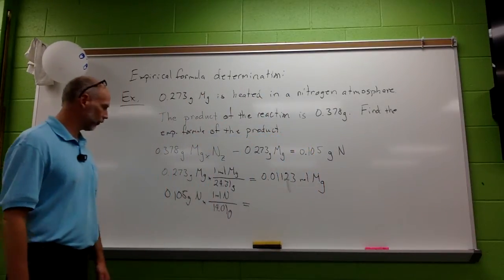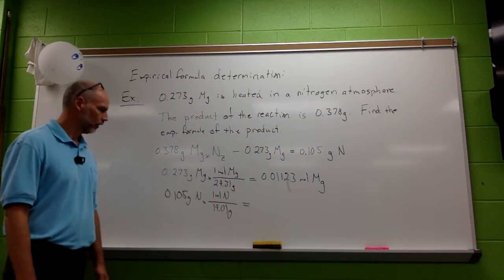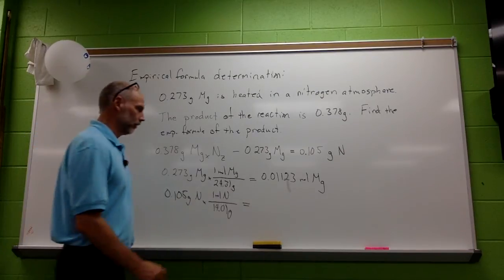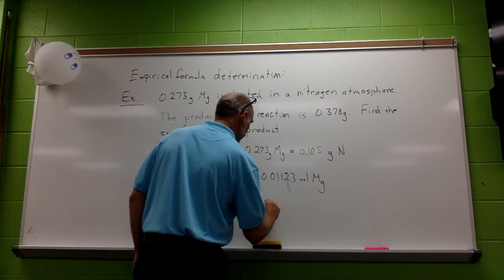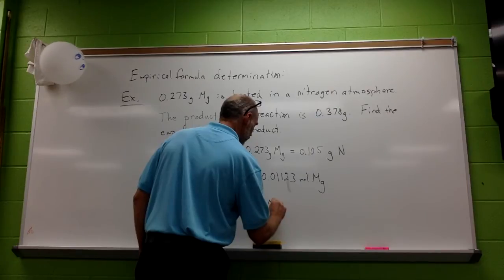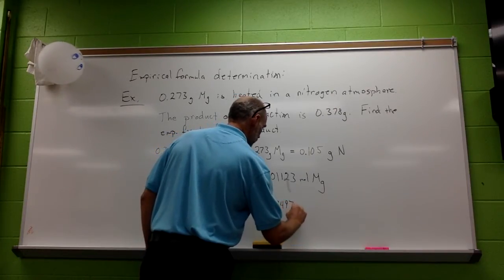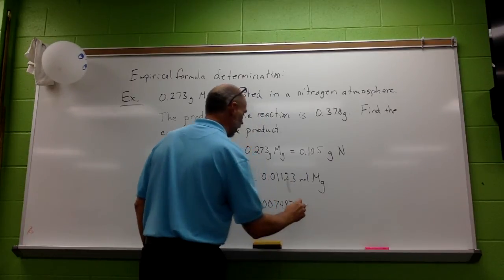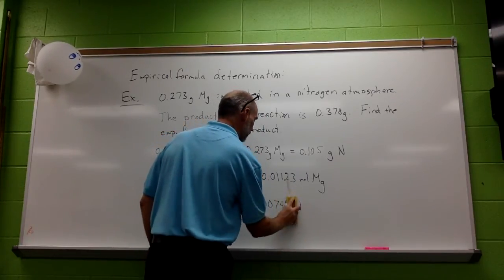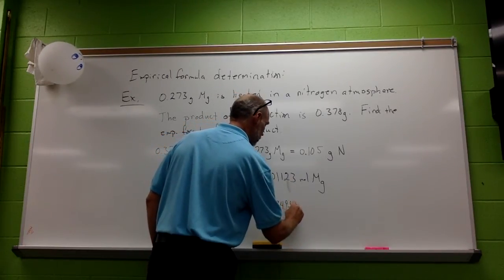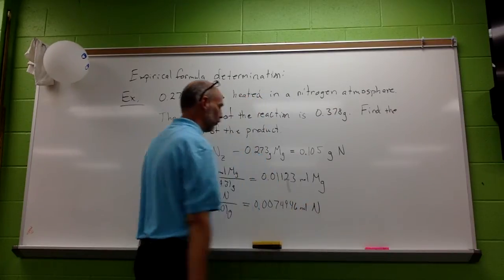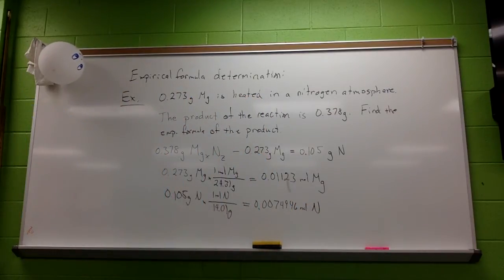Okay, and then the nitrogen is going to be 0.00. Okay, so there we go. We have our moles of each component. What do we do now? Divide by the smallest.